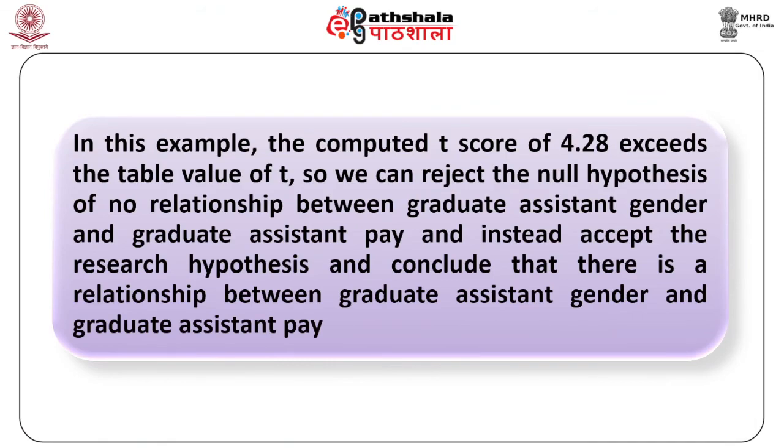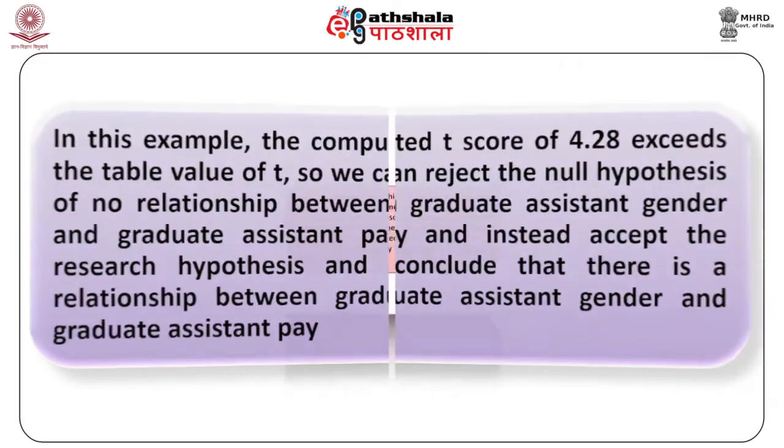In this example, the computed t-score of 4.28 exceeds the table value of t, so we can reject the null hypothesis of no relationship between graduate assistant gender and graduate assistant pay, and instead accept the research hypothesis and conclude that there is a relationship between graduate assistant gender and graduate assistant pay.